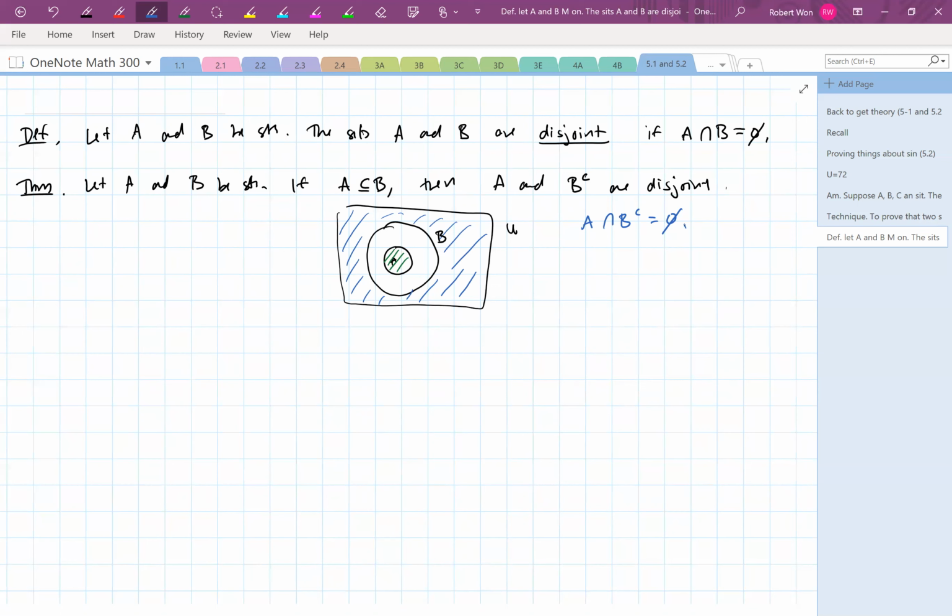But the thing to realize here is that the negation of a set being empty is that it contains an element, which is a really nice concrete thing to work with. So if you're trying to show that something is equal to the empty set, you could do either contrapositive or proof by contradiction, depending on the situation. Because if you negate the second half of the statement, that A intersect B complement equals the empty set, you get that there's an element in A intersect B complement, and then you can try to show that the first part is false.